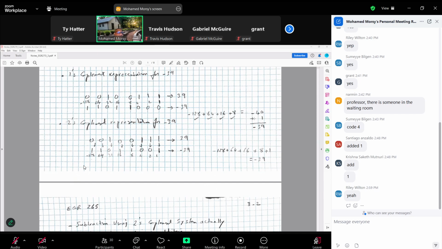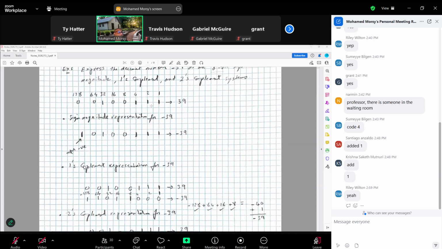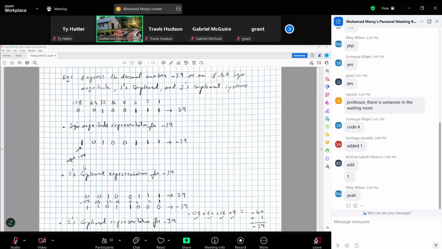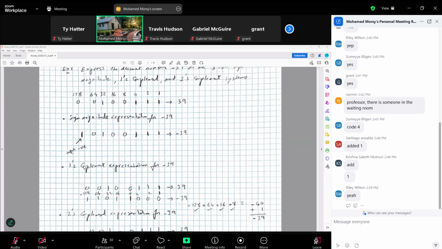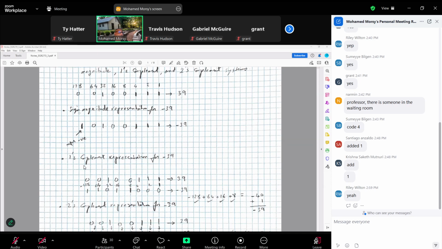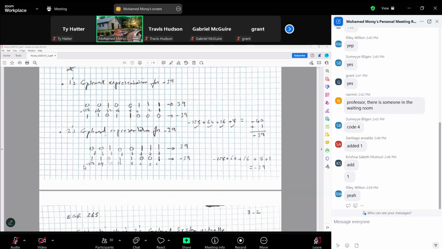We add 1 to reach the correct negative number just in 1's complement representation. So this is a good example because we have the 3 formats to represent negative numbers: sign magnitude, 1's complement, and 2's complement.